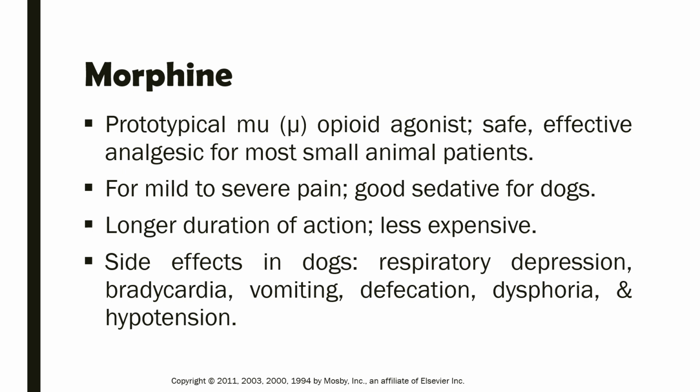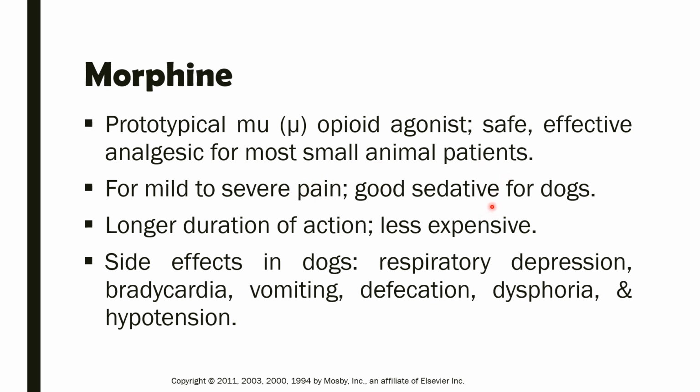We have here morphine. Morphine is the prototypical mu opioid agonist and is a safe and effective analgesic for most small animal patients. It is efficacious for mild to severe pain and has the added benefit of being a good sedative for dogs.